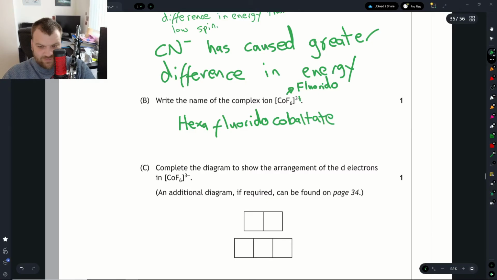If that was 3 positive, that would be cobalt. As it stands, cobaltate. Each fluorine has a 1 negative charge. We have 6 of them, so it's going to be 6 negative. If you've got 6 negatives in fluorine and overall we have 3 negative, our cobalt has to have a 3 positive charge. That means we're going to have hexafluoridocobaltate(III).